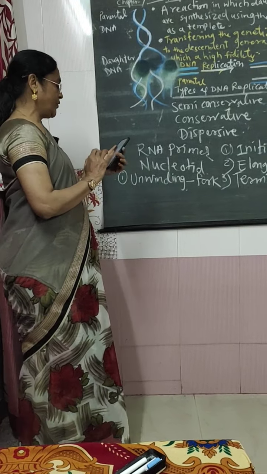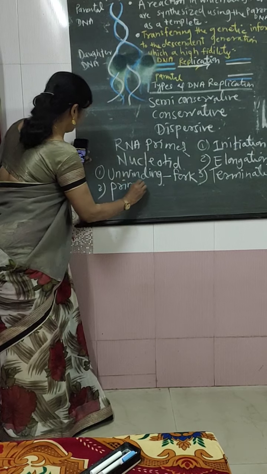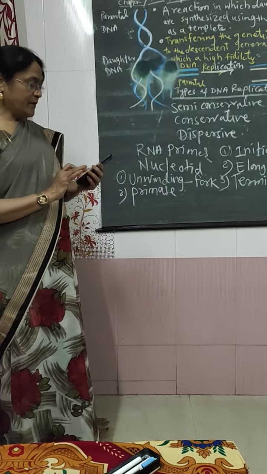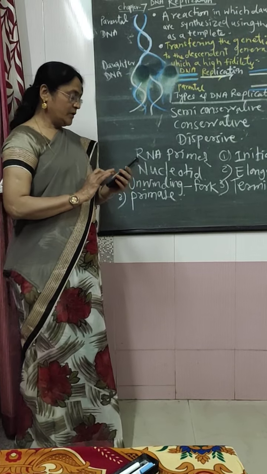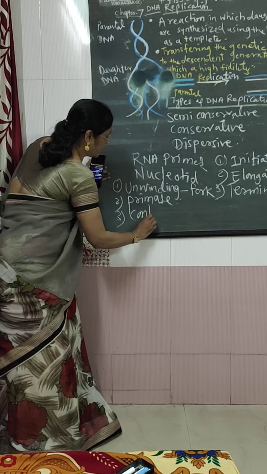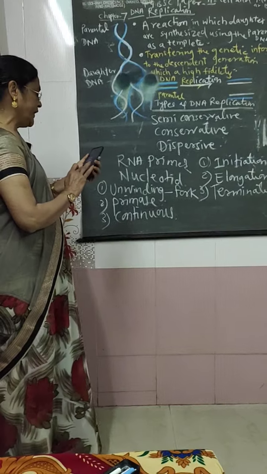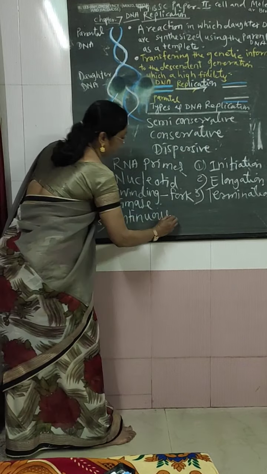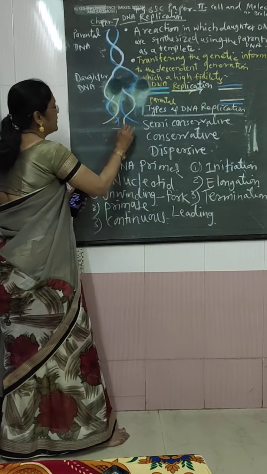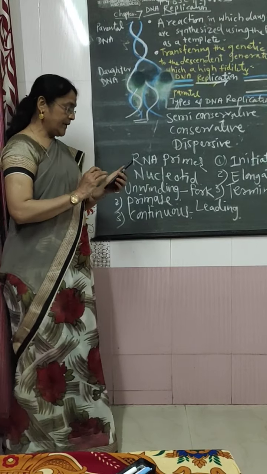The second one is called primase. In this step, the RNA primers are synthesized. The synthesis of DNA then continues continuously, forming the leading strand. So one will be the leading strand, and another will be called the lagging strand.